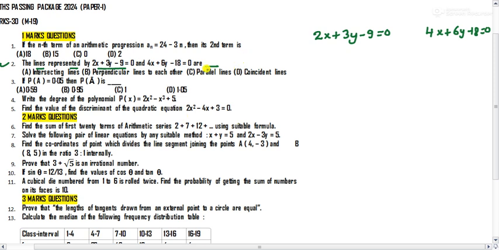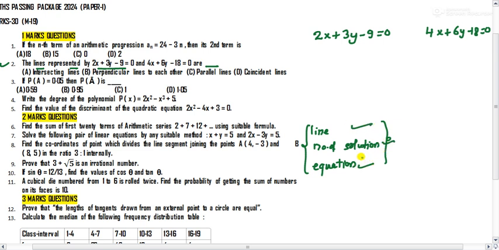To identify the type of lines, the number of solutions, and also the name of the equations, you have a relation. If you know the relation, you can solve all these three types. What is the relation?